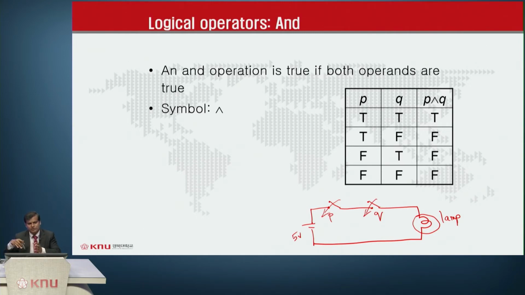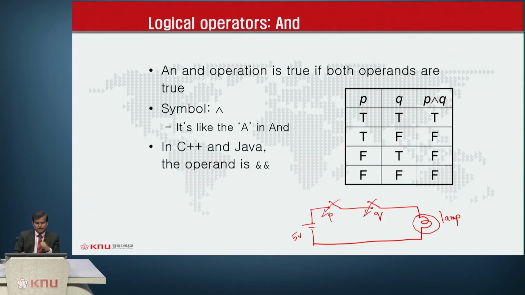So this simple circuit represents the AND operator. In C++ and Java, the operator is the ampersand sign, double ampersand. We can use it to have this logical AND operation.